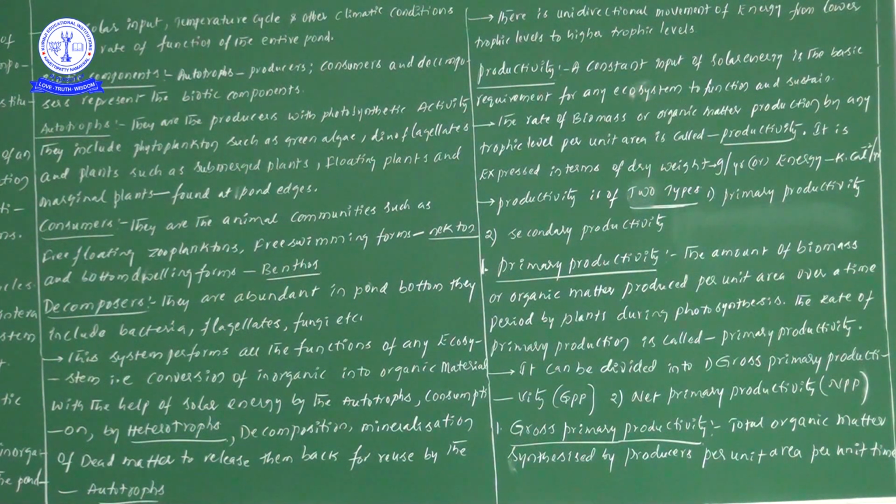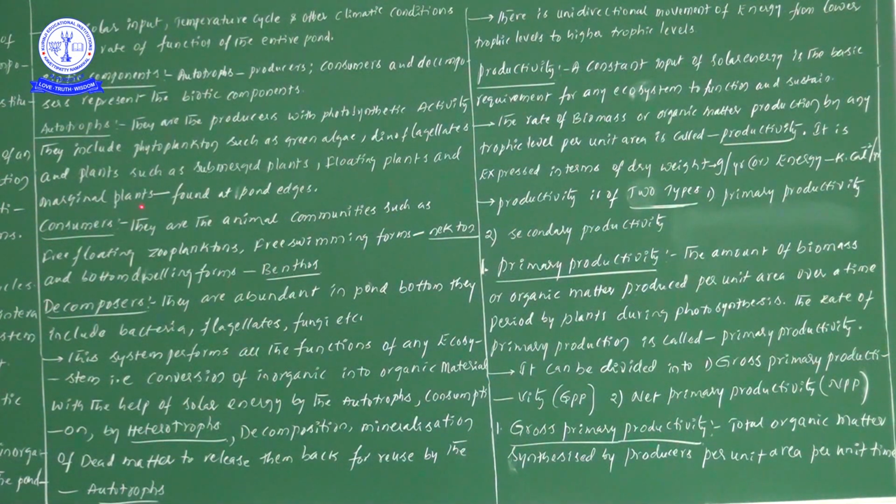Under autotrophs they include phytoplanktons, such as green algae and dinoflagellates, and plants such as submerged plants, free floating plants, and marginal plants.